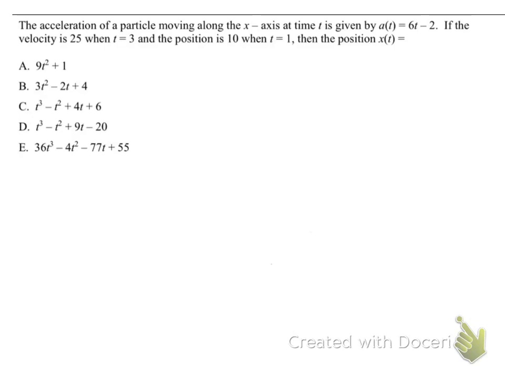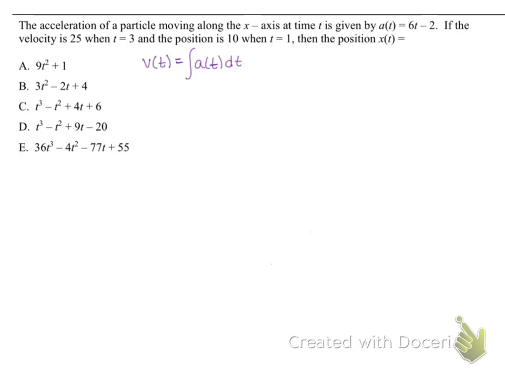Okay, we have acceleration and we need to get to position, so we're actually going to integrate twice. Okay, so the first time is whenever you need to find v of t, okay, which is velocity, which is the integral of a of t dt.